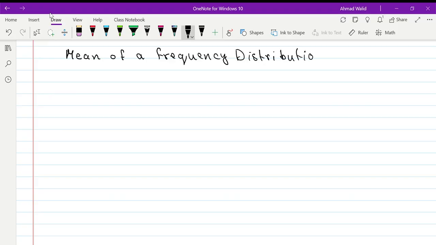How to find the mean of a frequency distribution. For example, I don't remember the numbers that I used about your class, and I don't have it on a piece of paper, but I'll use a similar example.